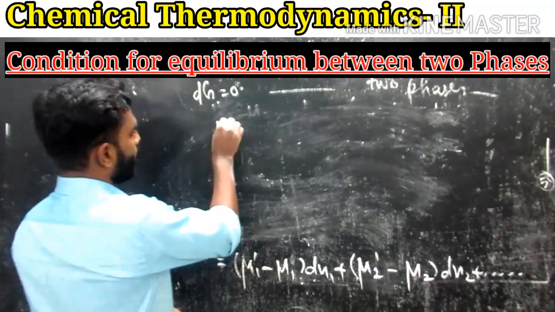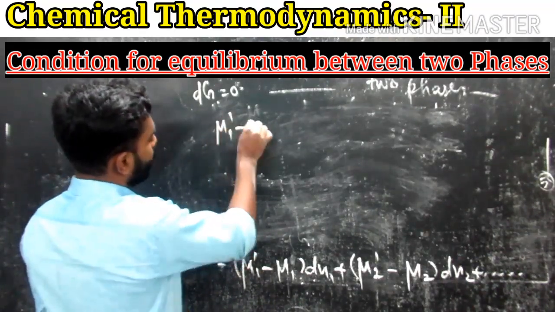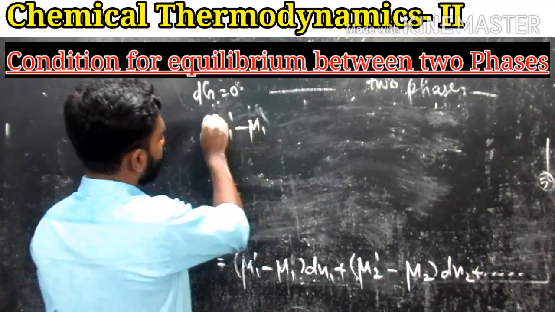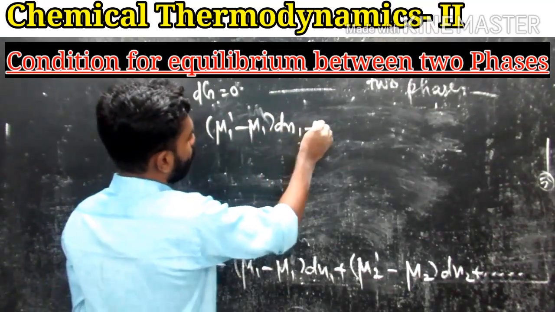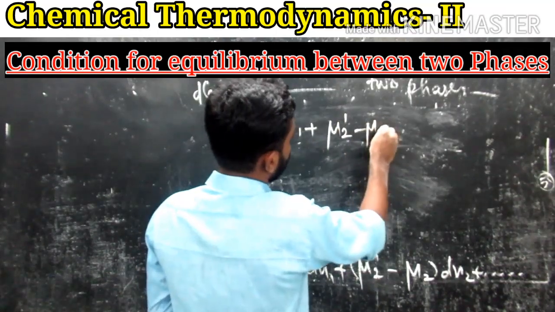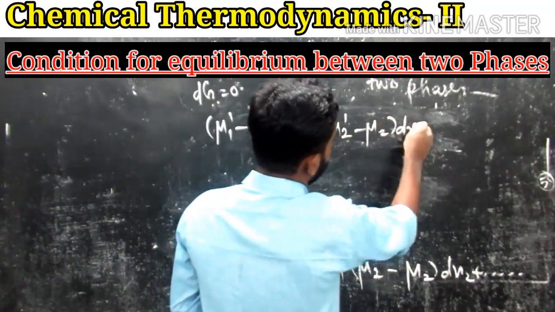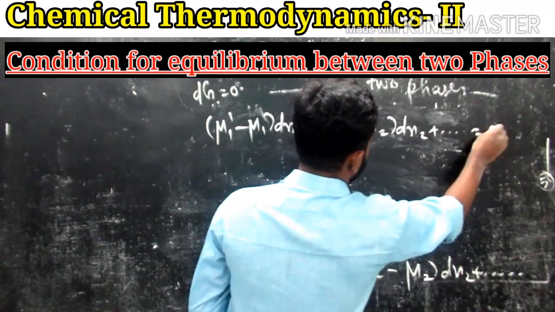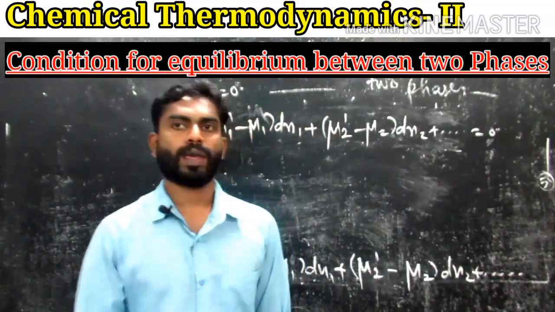So we can write (mu1 dash minus mu1) dN1 plus (mu2 dash minus mu2) dN2 plus etc. is equal to 0.